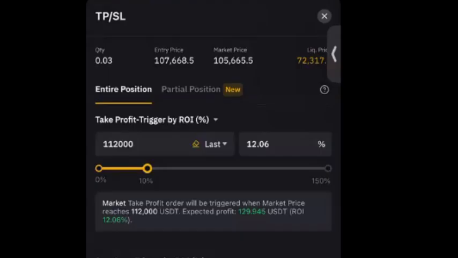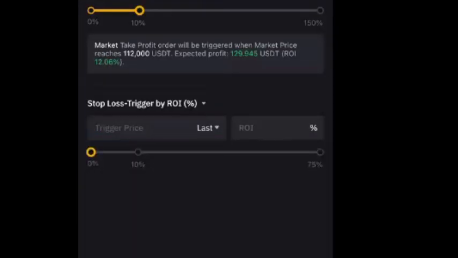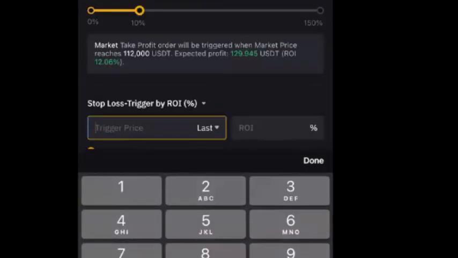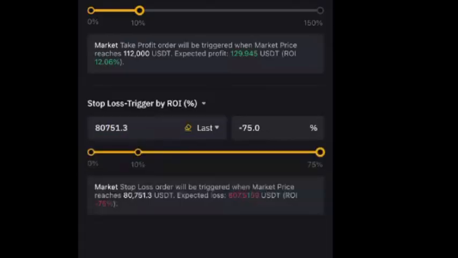Stop loss works the same way, but we are not really going to be using stop loss, but I'll show you how it works. Let's say I was so scared, which we don't use that strategy, but let's say I was so scared that if Bitcoin reaches $100,000, they should sell my Bitcoin for me.